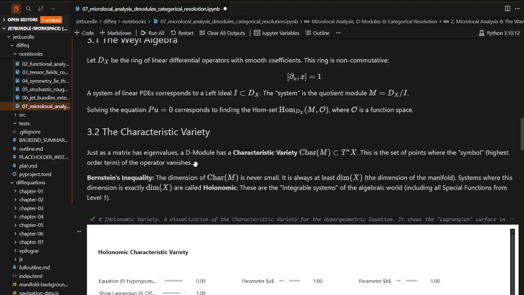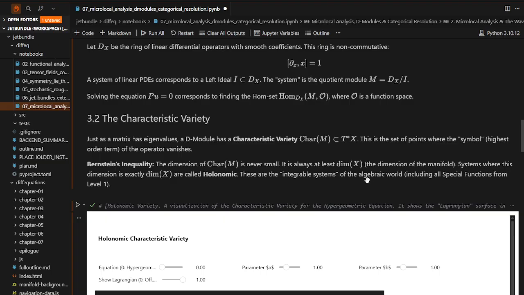It just allows us to do the exact same thing. The dimension of the characteristic variety is never small. It is always at least the dimension of the manifold we're taking a characteristic variety of. Systems where this dimension is exactly the dimension of the manifold are said to be holonomic.